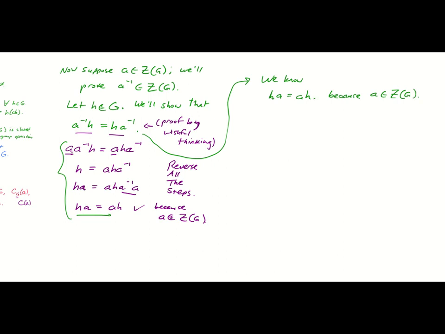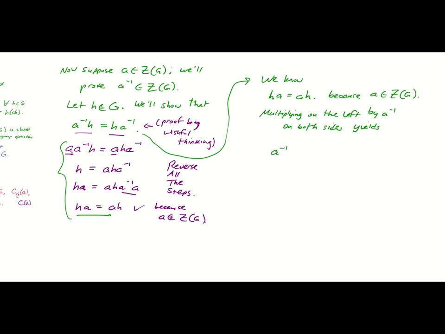Now, rather than just reversing all of these steps, which I think kind of results in some unmotivated looking steps, like all of a sudden introducing an A inverse A, I'm going to use sort of the idea that came out of this, which is we can get from here to here by introducing some inverses, by multiplying on both sides by inverses of A. So that's what I'm going to do. So multiplying on the left by A inverse on both sides yields this.